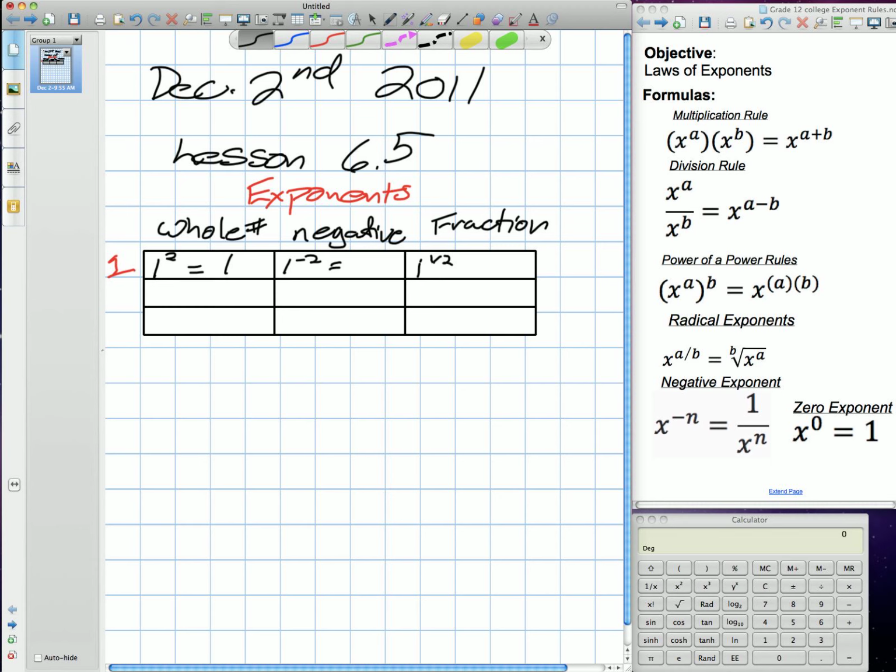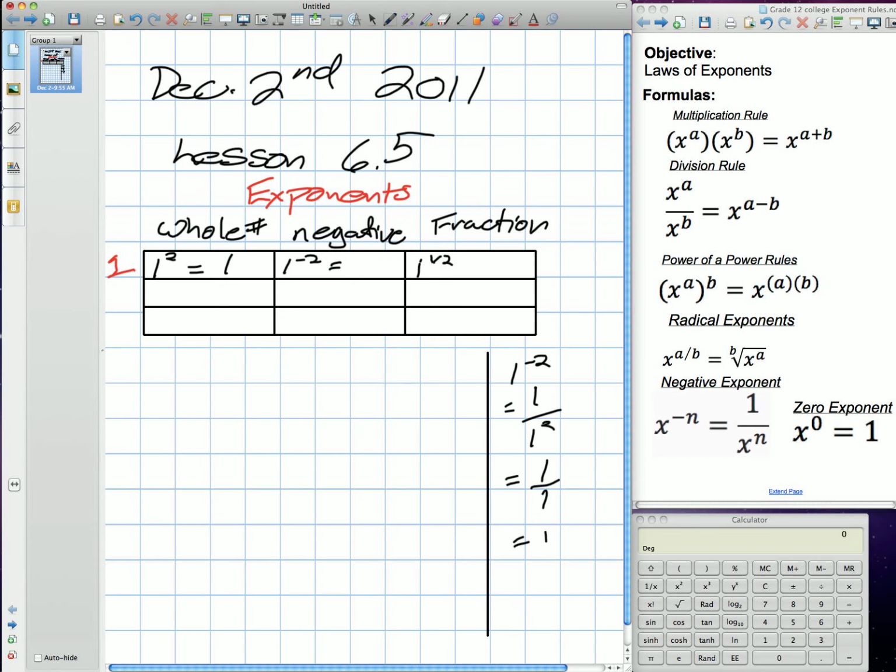Nathan. Yeah, we're going to flip the base to make it positive. So we have power of negative 2. We would flip this to be 1 over 1 to the power of positive 2. And in the end, we get 1 over 1, which is going to equal 1. So our answer ended up being the same.